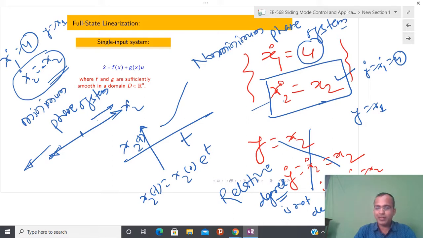Go to power converters and try to see which power converter satisfies the property of a non-minimum phase system. Boost, right half plane zero. Which converter has a right half plane zero, sir? That is a non-minimum phase system. That means boost and buck-boost are both non-minimum phase. Okay, so controlling that system is a little bit challenging. Yes, sir.